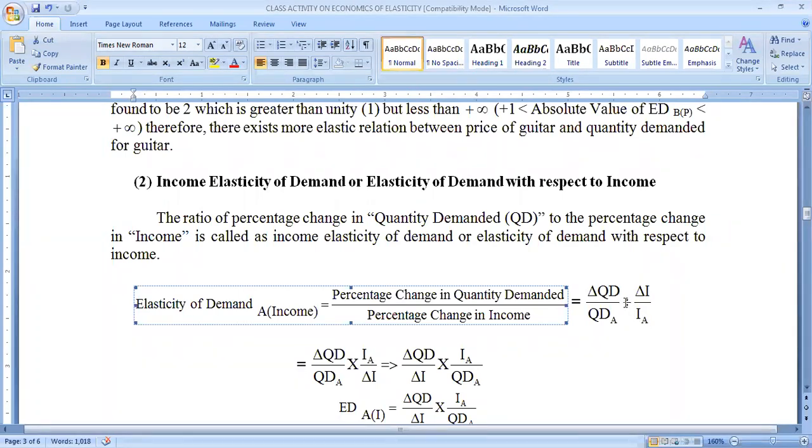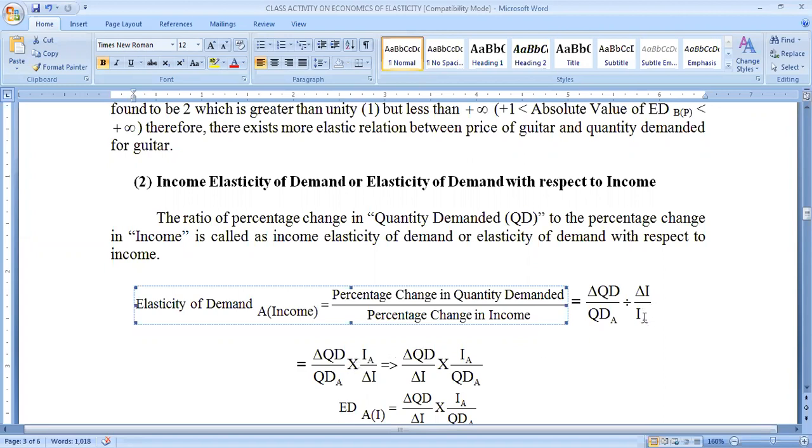We have to convert this divide sign into a multiplication sign by converting the denominator into the numerator and the numerator into the denominator. So delta QD over QD at A should remain as it is. Then this sign of division is converted into a sign of multiplication.